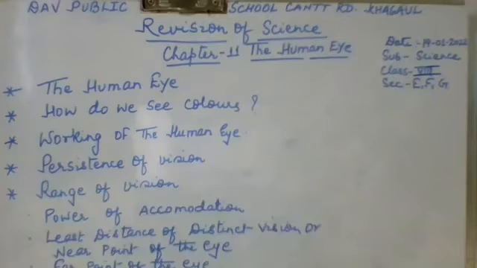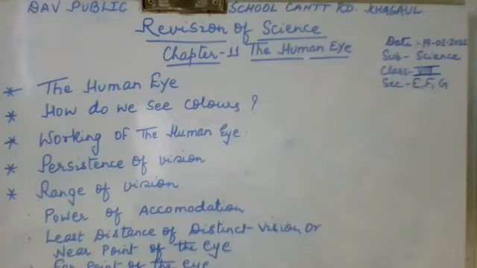Now, after that, we will come to this point, range of vision. In this, we have so much explanation of different types of terms. So first of all, what is the range of vision for a normal eye? 25 centimeter to infinity. Now, Saksham Arya, you tell me what is power of accommodation?